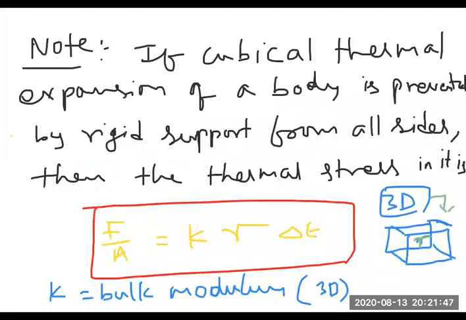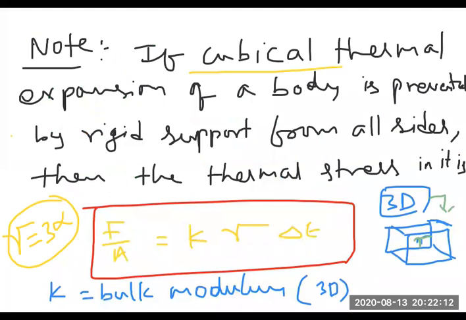Here, thermal stress uses bulk modulus, and gamma is the coefficient of volume expansion of solid. We can also write gamma is equal to 3 alpha. K is the bulk modulus.